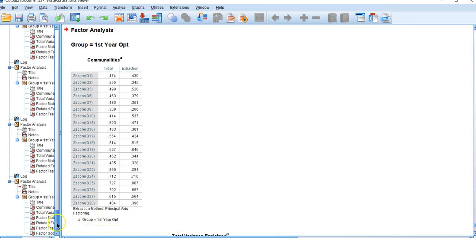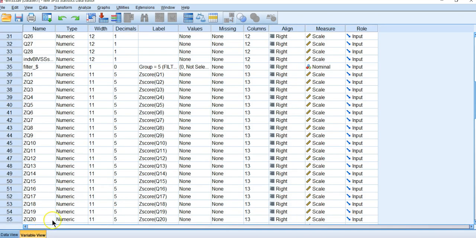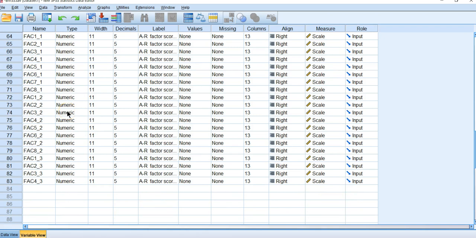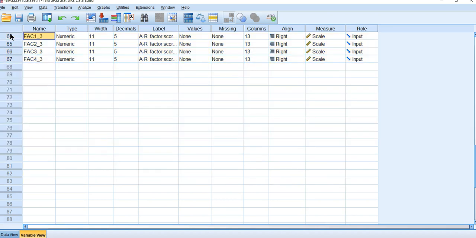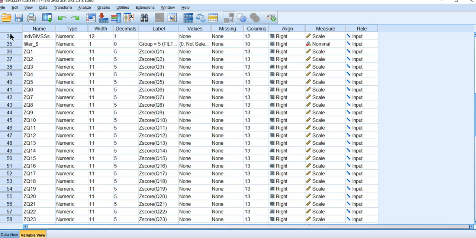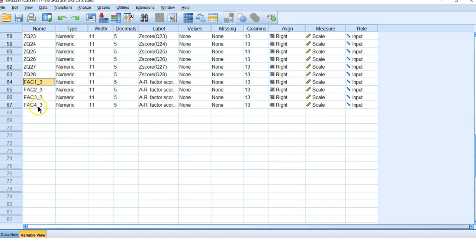And if we look, we can now see on, where's our output? Our file. Here we go. Variable view. We're going to get rid of these factors because they were left over from before. We have 4 factors. All right.